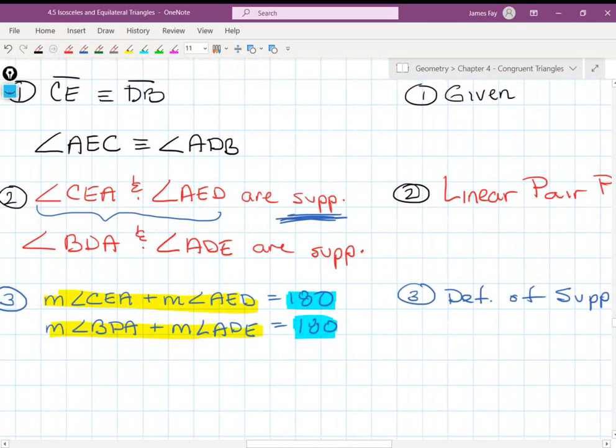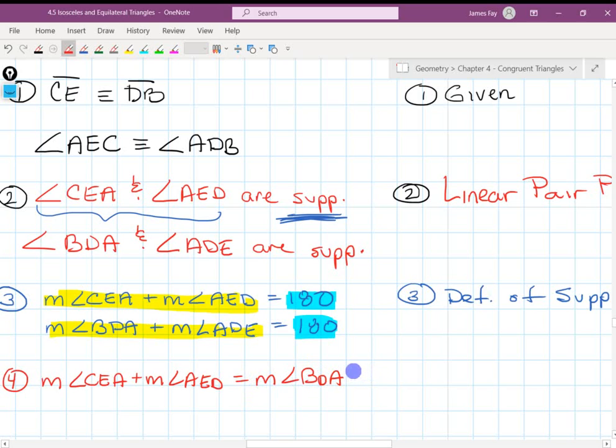Okay, so step 4 will be that the measure of angle CEA plus the measure of angle AED is equal to the measure of angle BDA plus the measure of angle ADE.